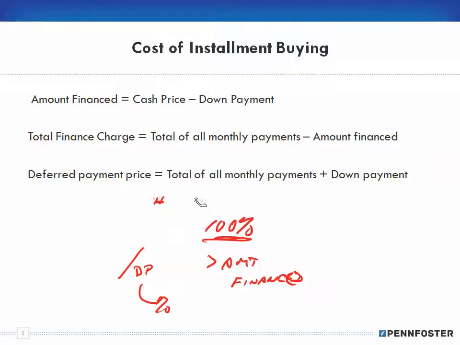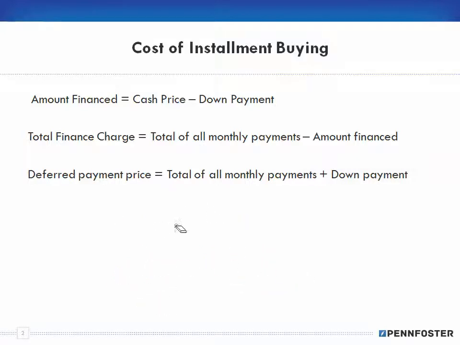So let me finish erasing this here. That's the first formula. The second formula is the total finance charge is the total of all monthly payments minus the amount financed. When you borrow money, so if you have an amount that's financed, because you're financing it, there's going to be interest applied to it.